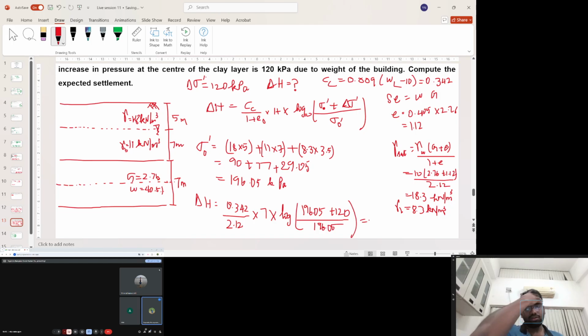How much settlement are we getting? 0.234 meters, right? Yes, sir. 0.234 meters. That is 23.4 centimeters, almost 10 inches. Fine.